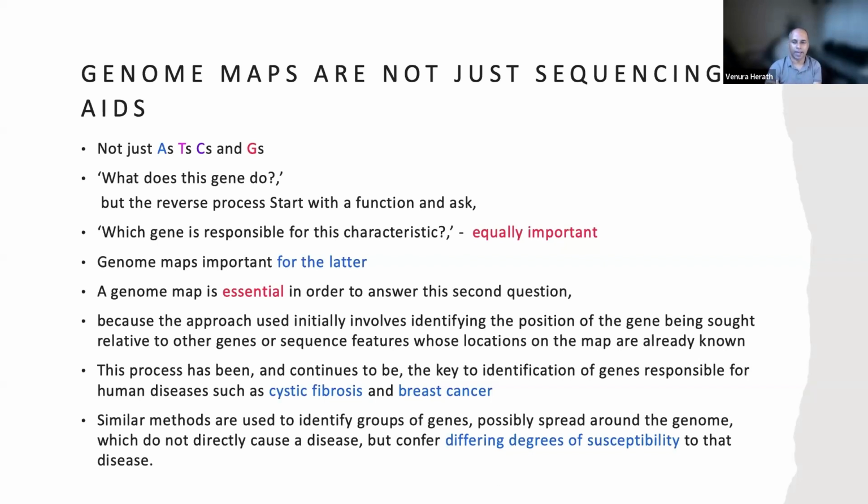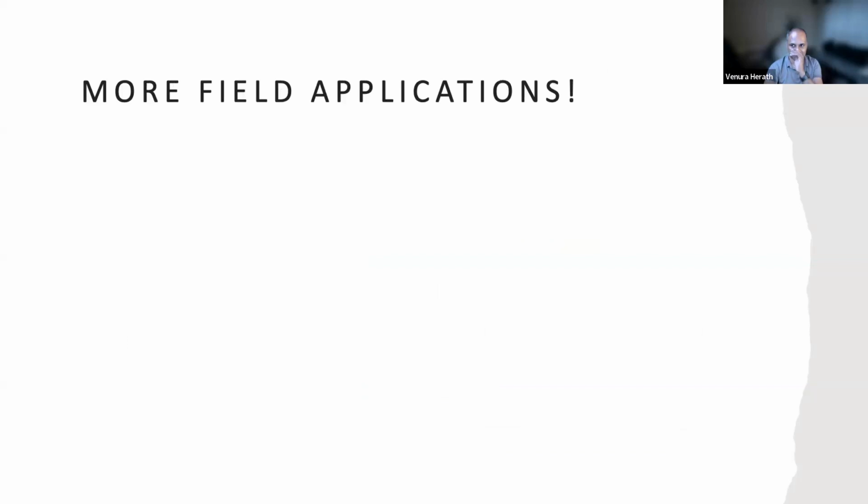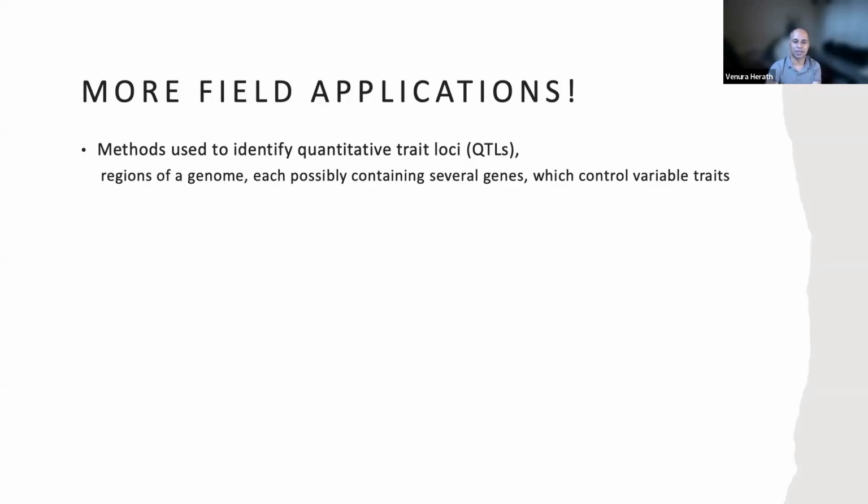There are more field applications, too. Genetic maps are used to identify quantitative trait loci, especially by those working with breeding, particularly plant breeding. You can't live without QTLs, especially as a plant breeder. A QTL can be one gene or multiple genes, and they control variable traits.